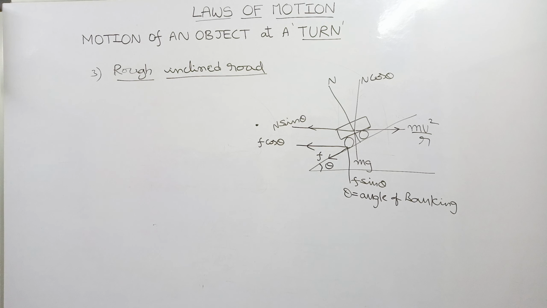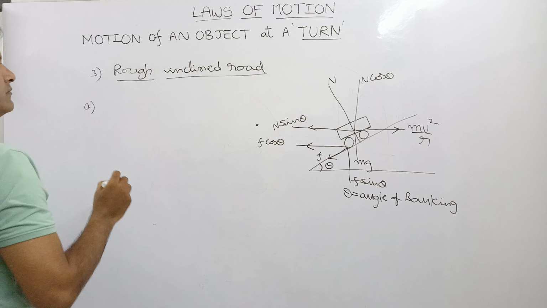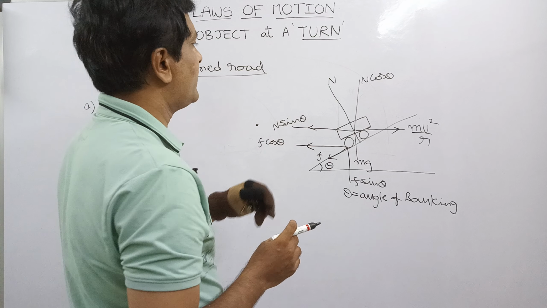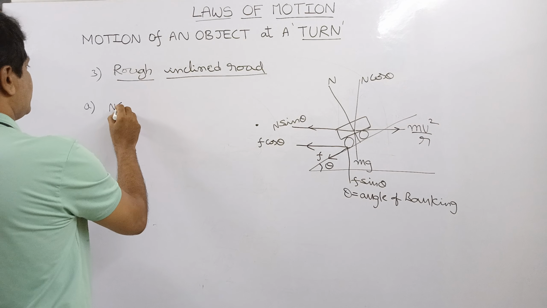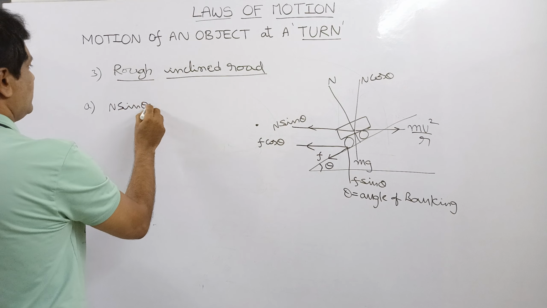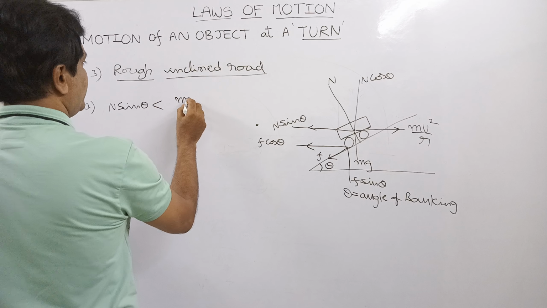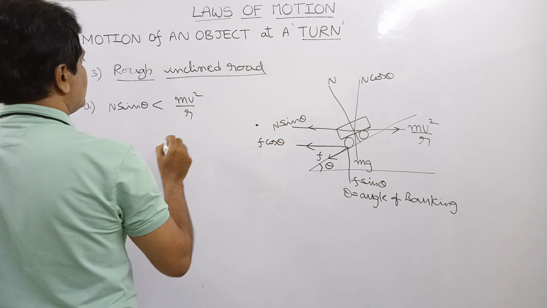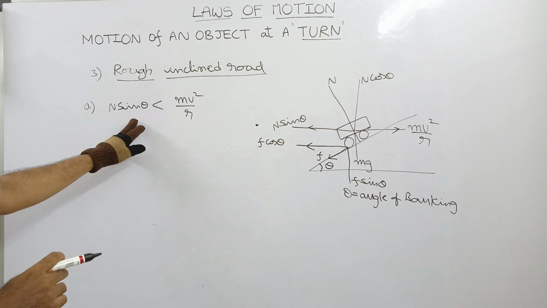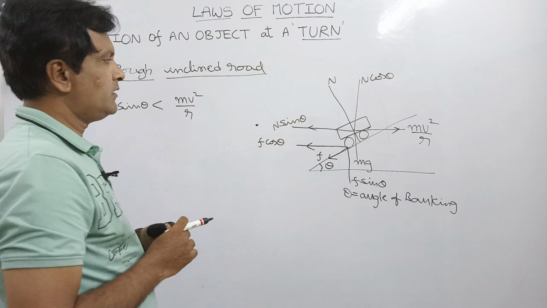What are the two cases we may observe? Case A: if N sin theta is less than mv square by r, that means mv square by r is greater than N sin theta.